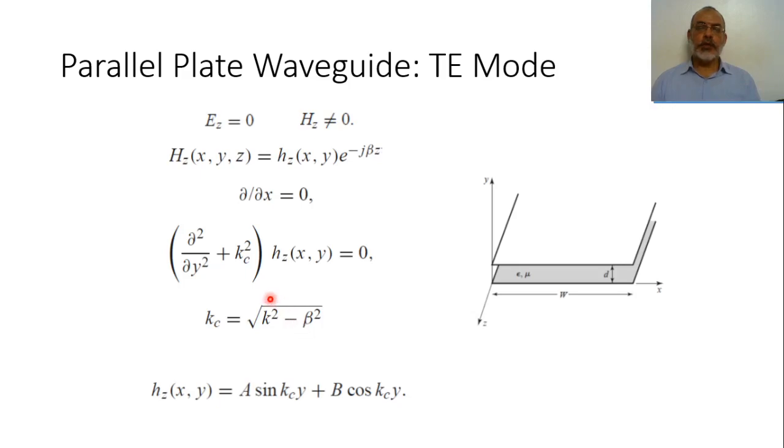As we mentioned, the general solution for this differential equation can be represented as an unknown amplitude A sine kc y plus another unknown B multiplied by cosine kc y. So we have a sine function and a cosine function. Once again, it is required to determine these unknown amplitudes, and also the cutoff wave number kc.